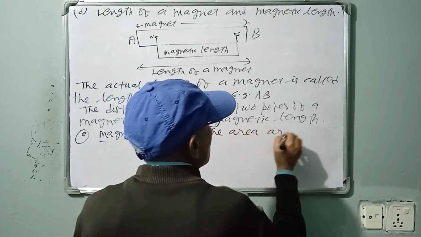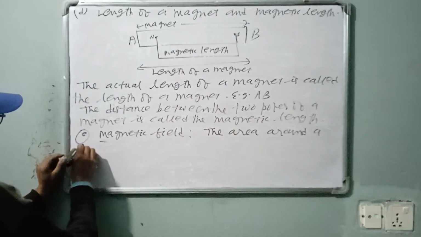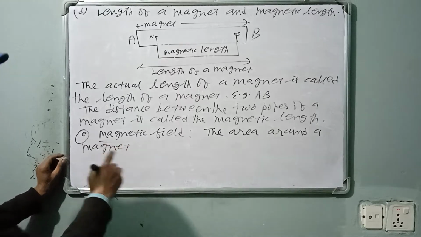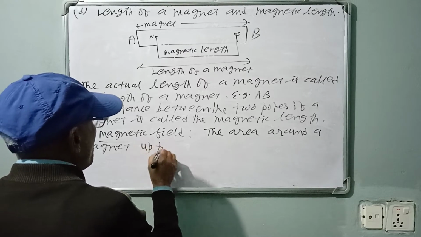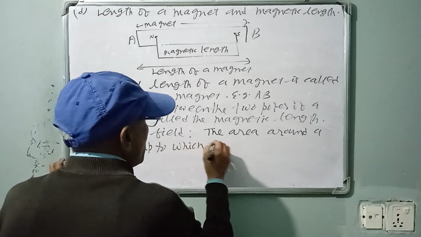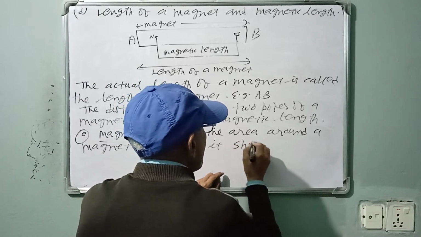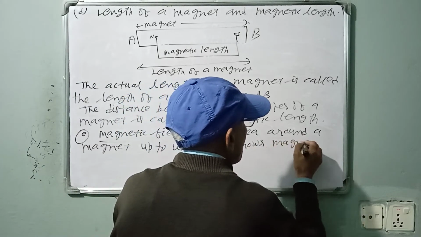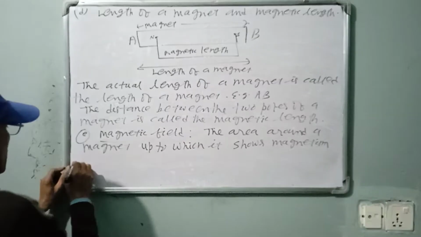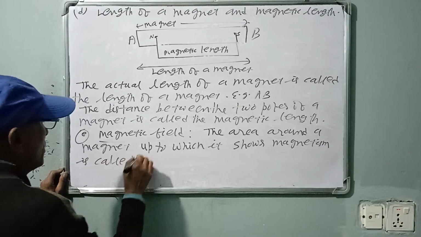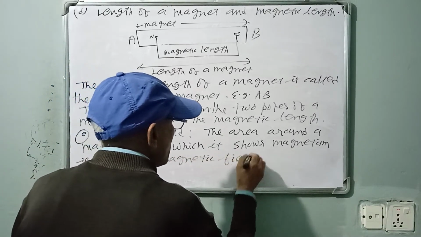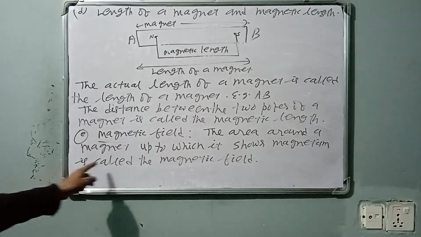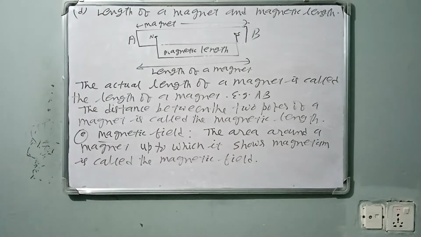The area around a magnet, the certain area around a magnet up to which it shows magnetism is called the magnetic field.